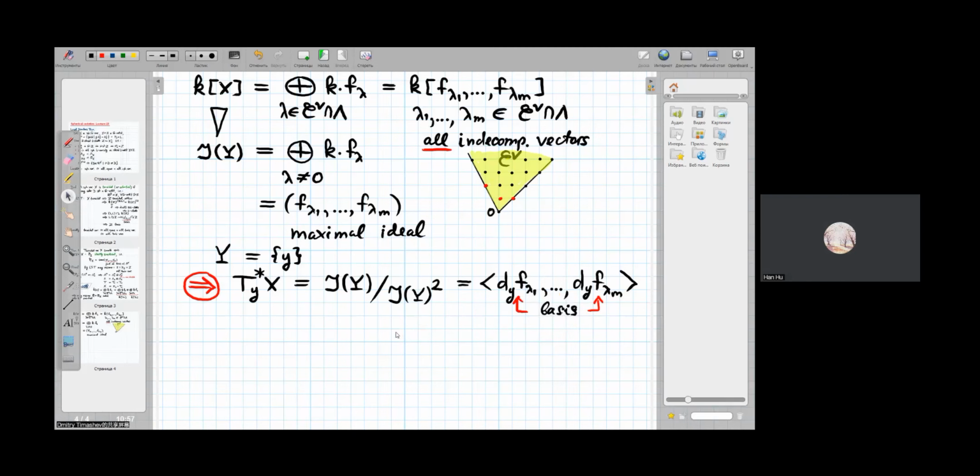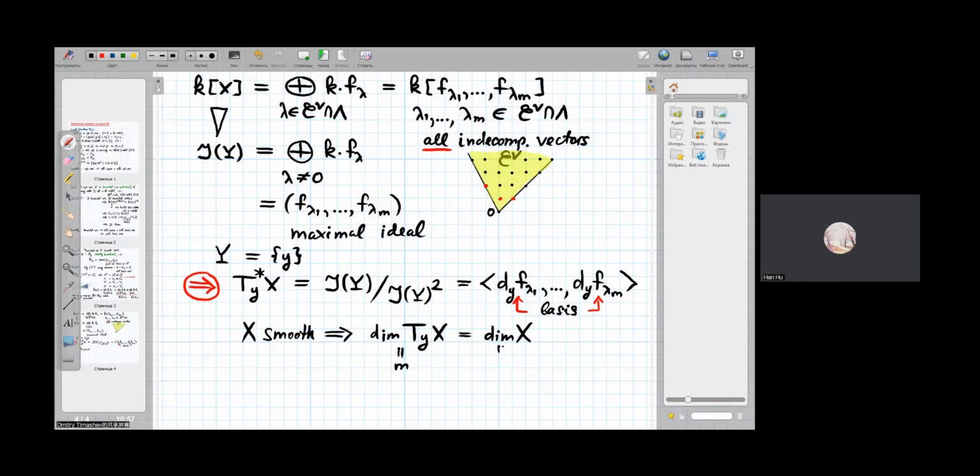And now we see that if X is smooth, then smoothness means that the dimensions of all tangent spaces at all points are the same as the dimension of X. In particular, this implies that the dimension of the Zariski tangent space at y coincides with the dimension of X. But this dimension is exactly m in the above notation.